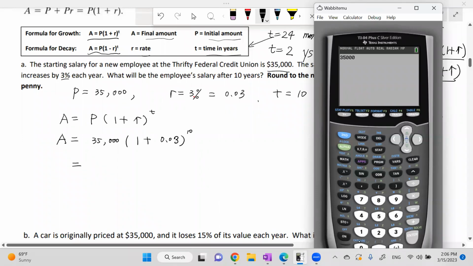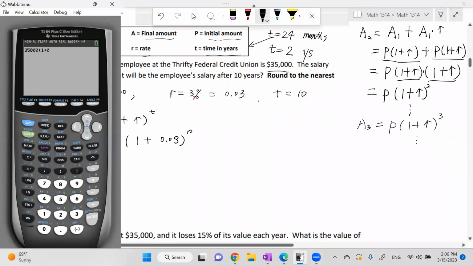35000, 3 zeros, and then parentheses. Even if I don't have a multiply sign, if I have parentheses, that means multiply by the parentheses, 1 plus 0.03.